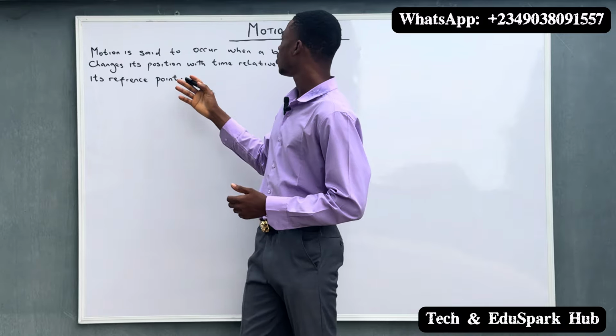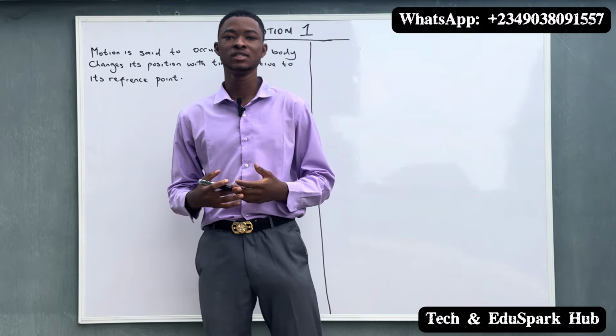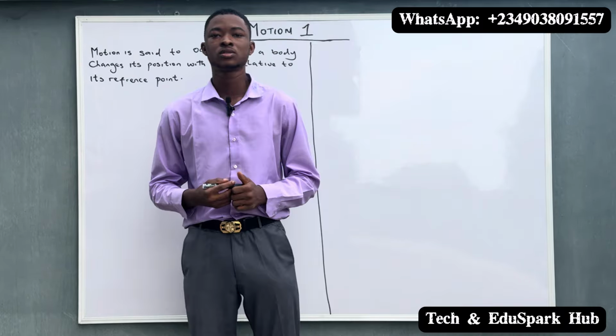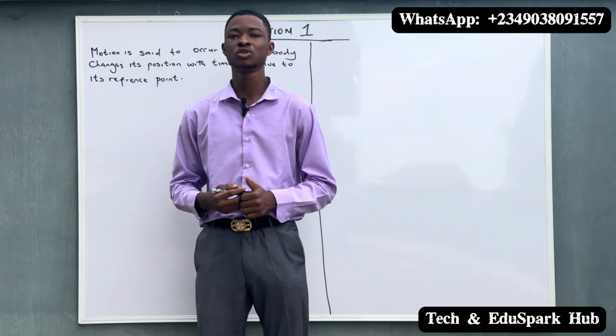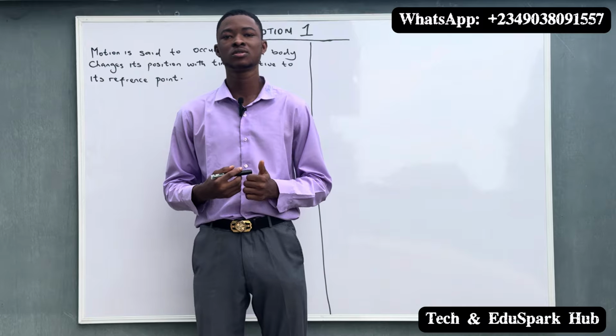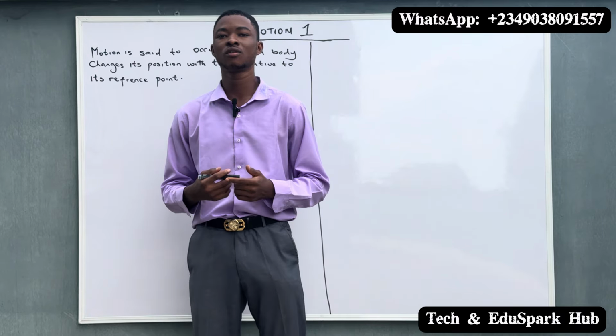Motion is said to occur when a body changes its position with time relative to its reference point. So when a body changes its position with time, we say the body is in motion. But if the position does not change, we say the body is at rest.